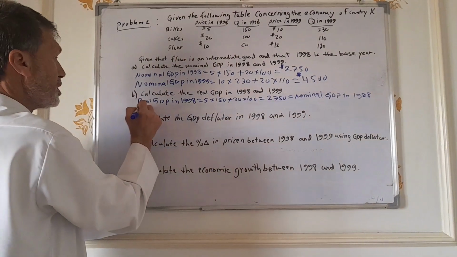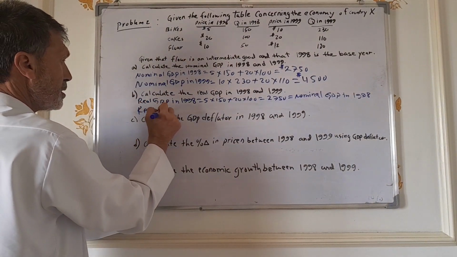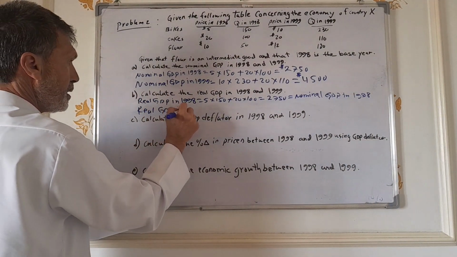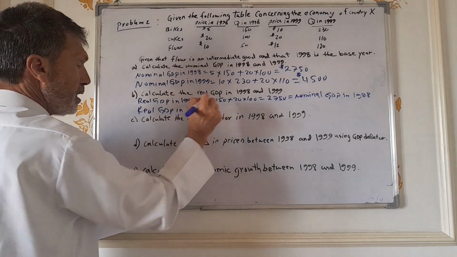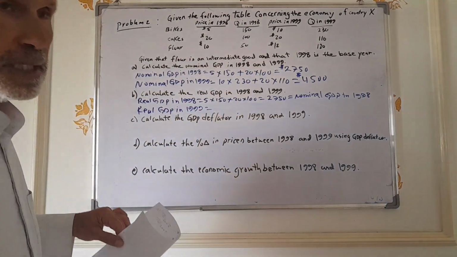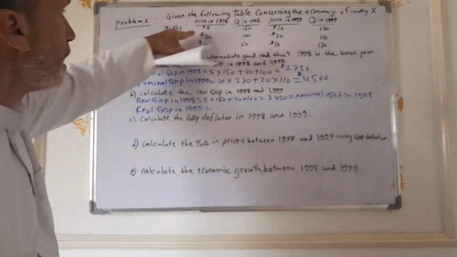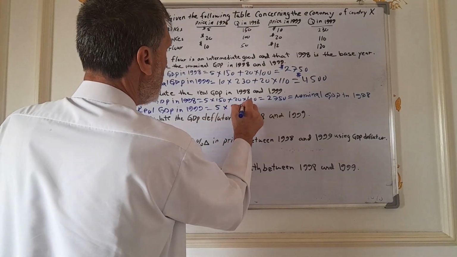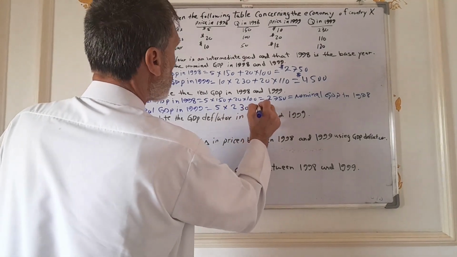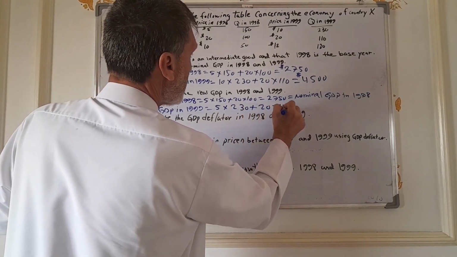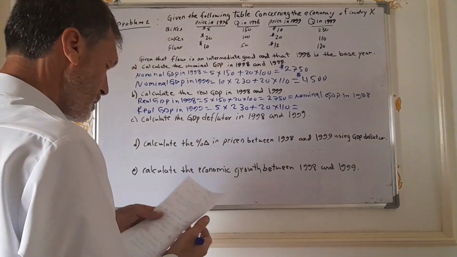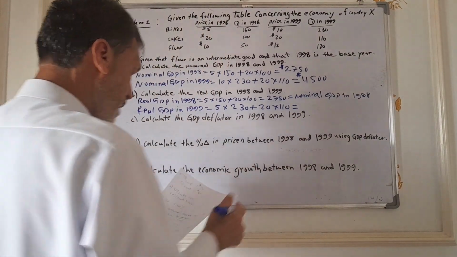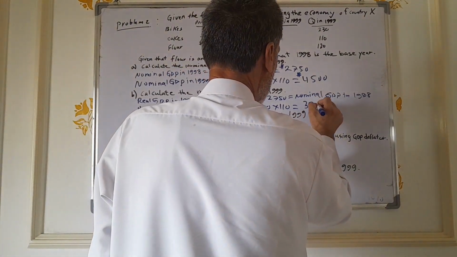Now, real GDP in 1999, of course, we're going to take the base year prices, which is 1998, which is 5 times 230 plus 20 times 110, and we'll come up with 3,350.